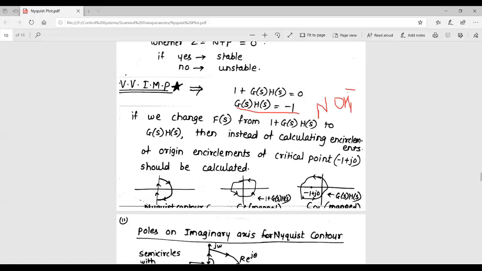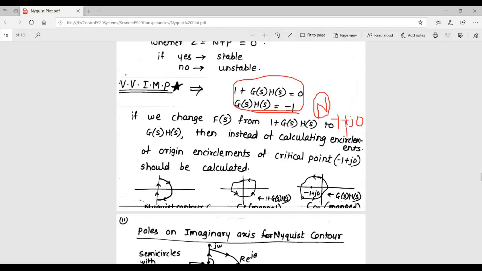Now, if you make this adjustment, converting 1 plus GSHS to GSHS, the equation will be GSHS is equal to -1. And now encirclements around the critical point, that is -1 plus j0, will be counted. So instead of the origin, we count the encirclements around the critical point. Only that is the change.